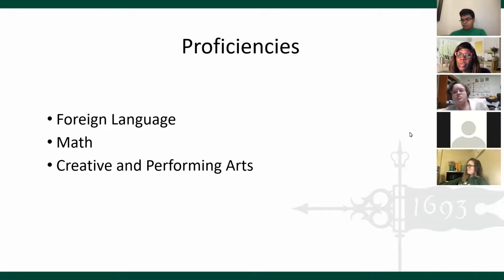The sooner you can get that out the way, it's definitely a win-win, because juniors and seniors can't take the creative writing and the public speaking classes to fulfill their arts requirement. The professors typically won't let them in because it's for freshmen or sophomores, right? And so for whatever reason, juniors and seniors found themselves without completing their creative and performing arts, and then they're looking for a way to do that.